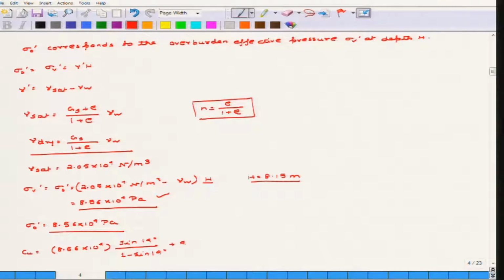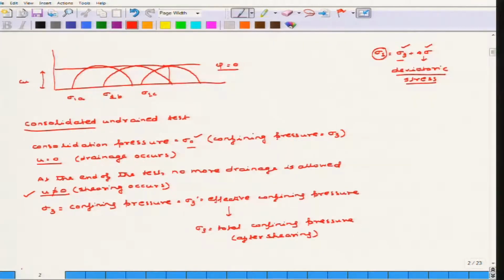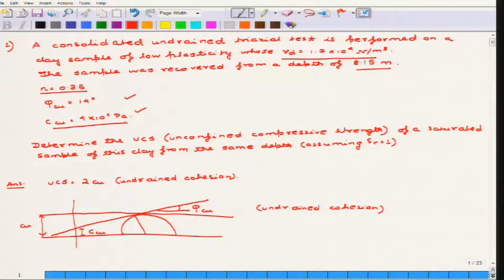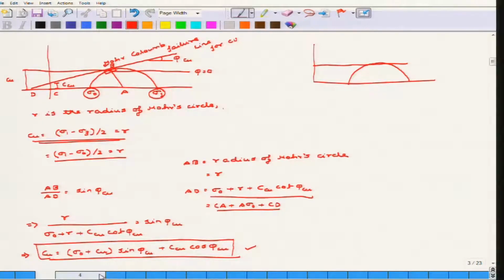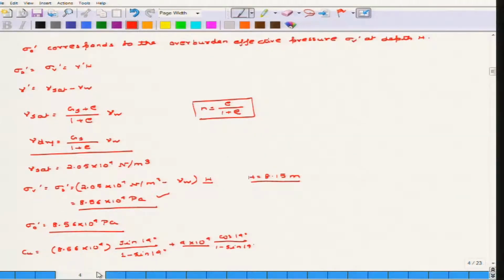So plus 4 into 10 to the power 4 cos 14 degree by 1 minus sin 14 degree. Obviously this number is the Ccu, 4 into 10 to the power 4 pascals. So from here you get that Cu is equivalent to 7.85 into 10 to the power 4 pascals.